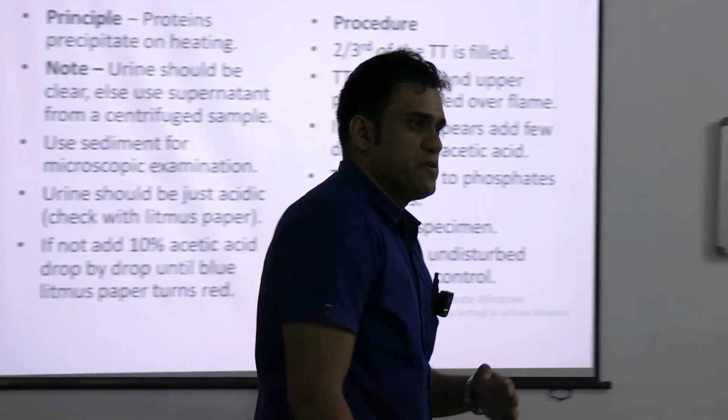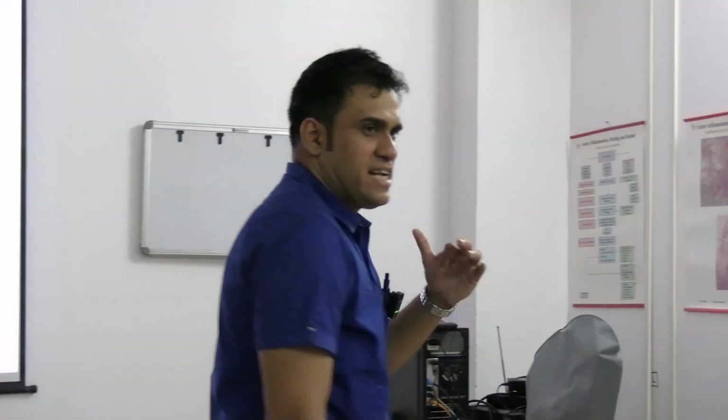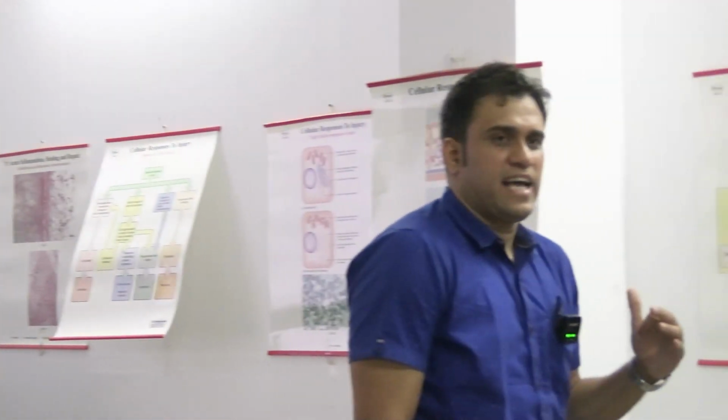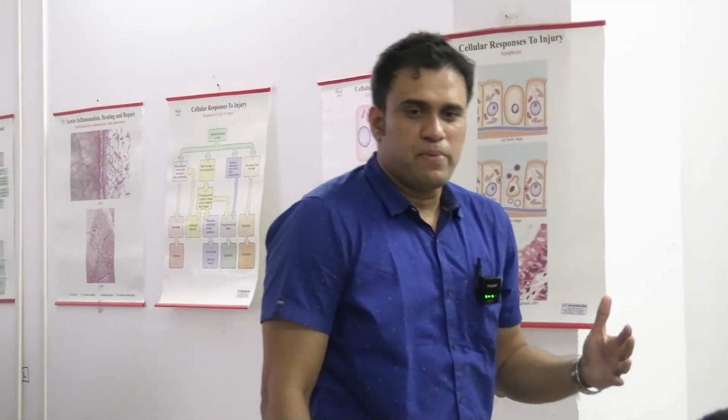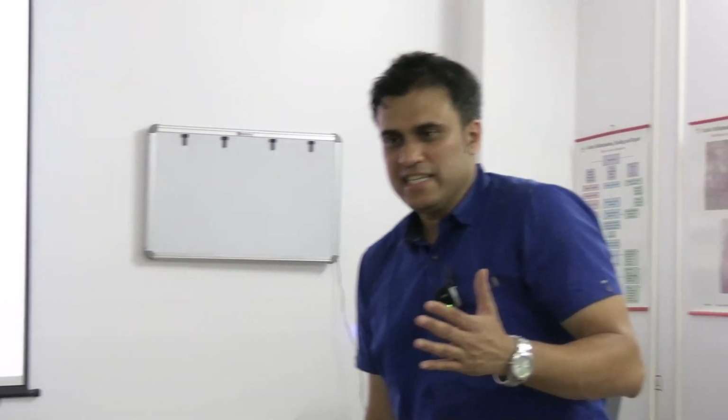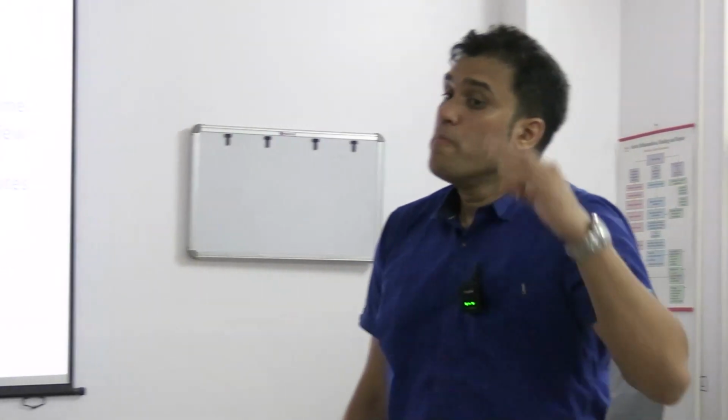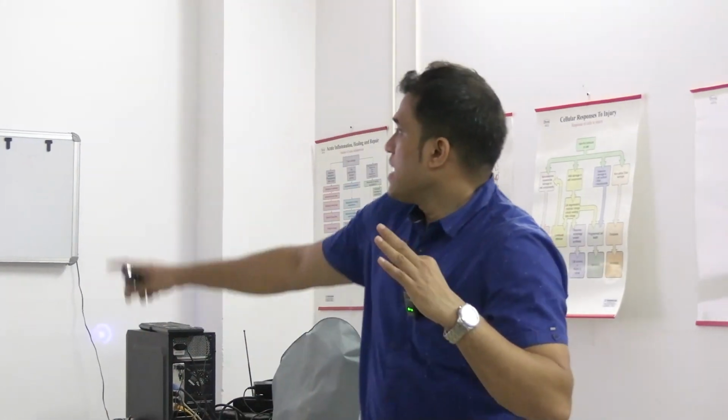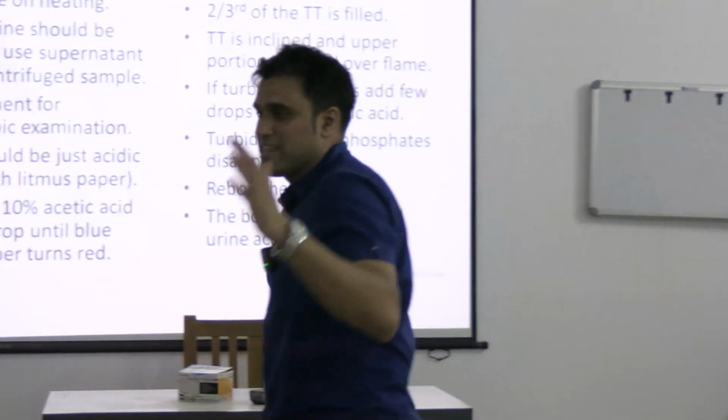So how do you differentiate between the two? You add 10% acetic acid. If the precipitate disappears, it is because of phosphate. If the precipitate persists, it is because of protein. Then reboil the specimen and take the result.